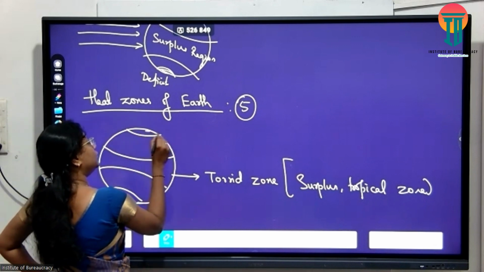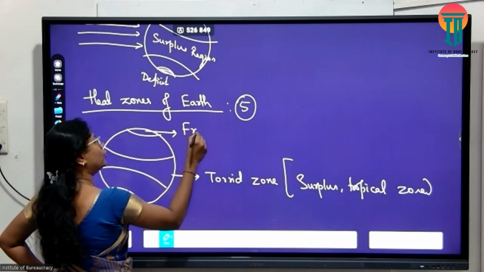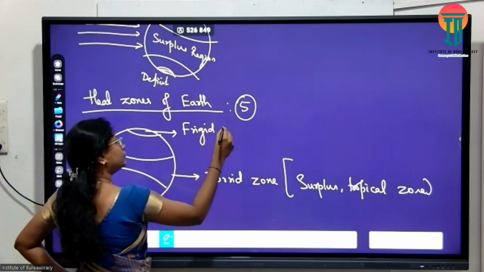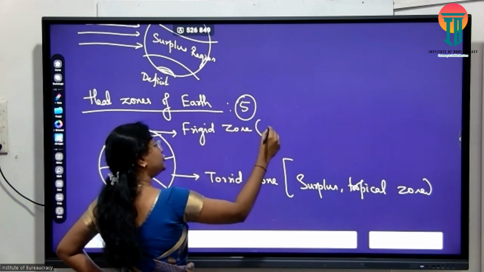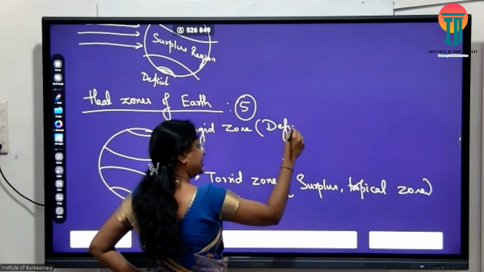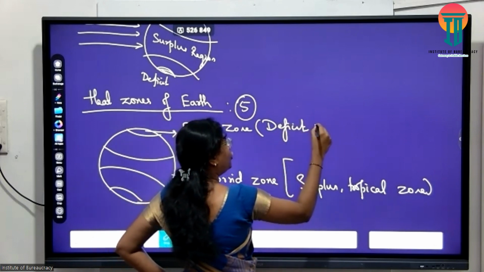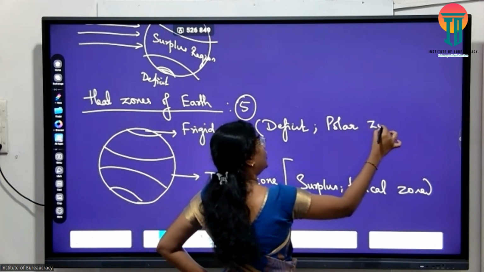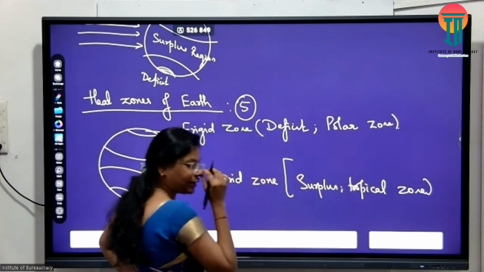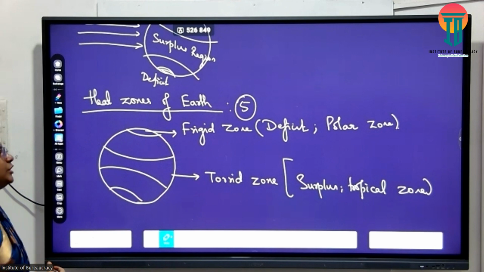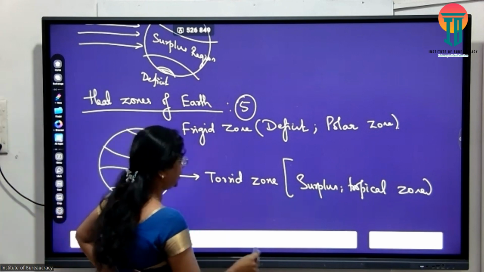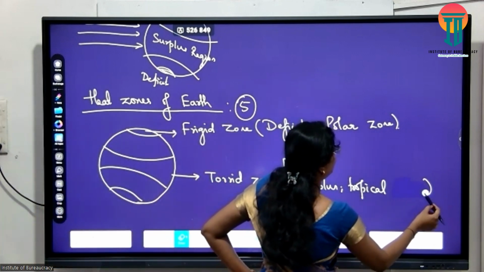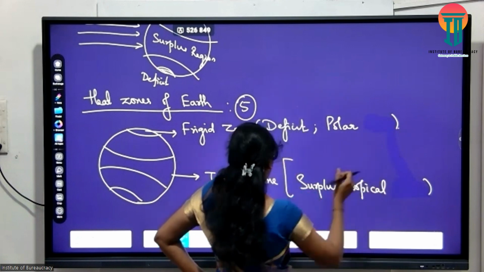And this one is your frigid zone. Frigid zone, this is the energy deficit region along your polar climates or polar region. Tropical region zone thirumba confuse agum. So, polar region.